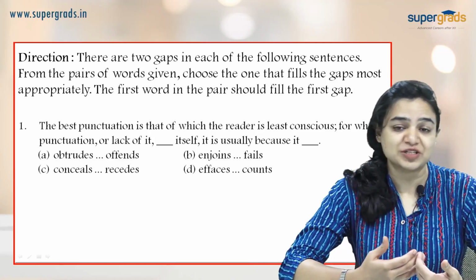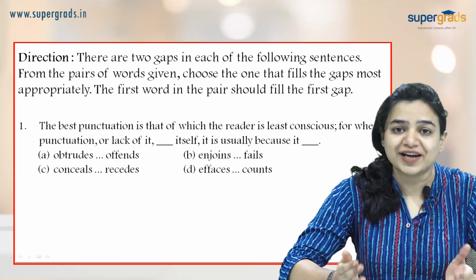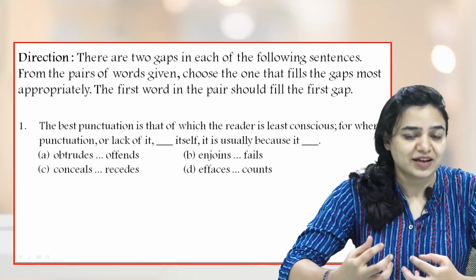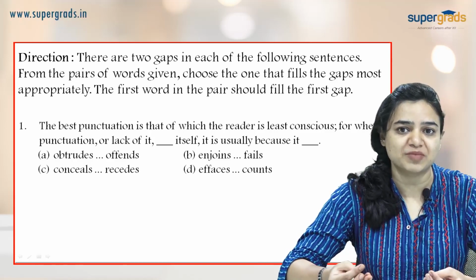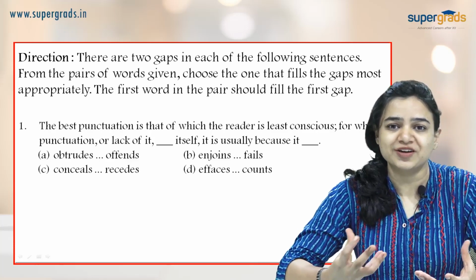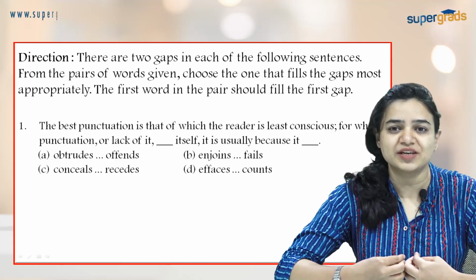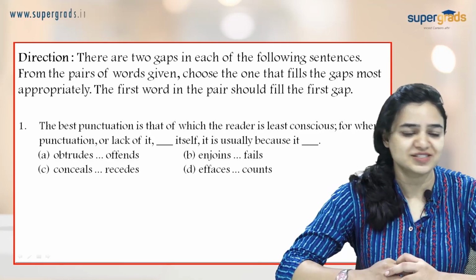Now comes the justification for why I need such a punctuation mark: one which is not intrusive, not so loud that you become aware of it. Keeping that in mind, only one option fits the bill here, and that is A.